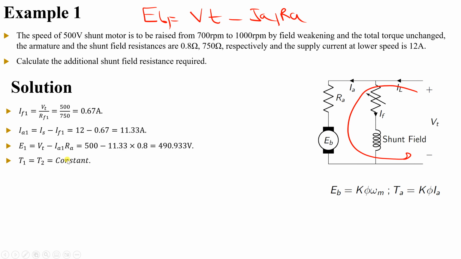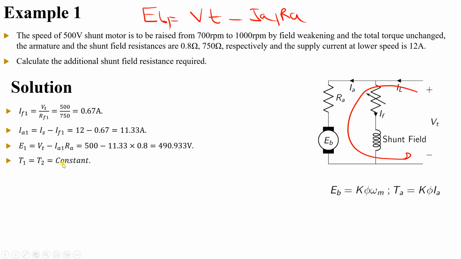Now remember that torque is constant, and as I said before, T1 over T2 equals IA1 over IA2 times IF1 over IF2, equals 1. I armature 1 is given as 11.33, IF1 is 0.67, and I armature 2 and IF2 I don't know them, so I will take one as a relation with the other.